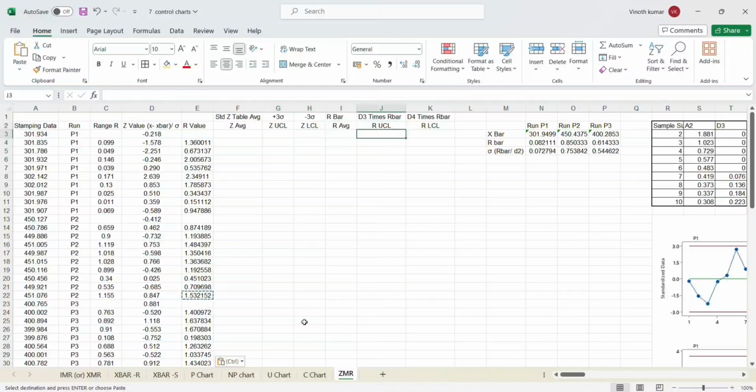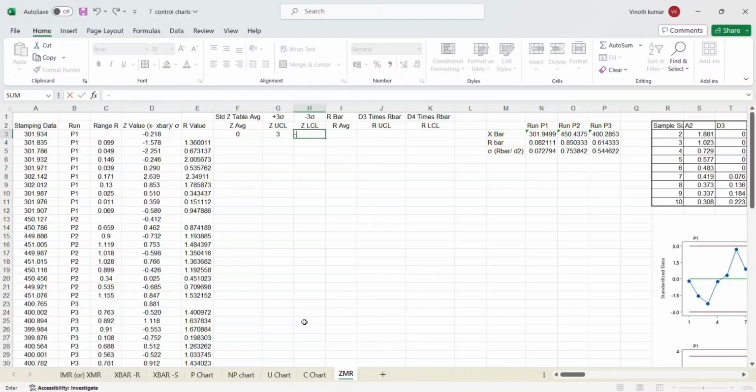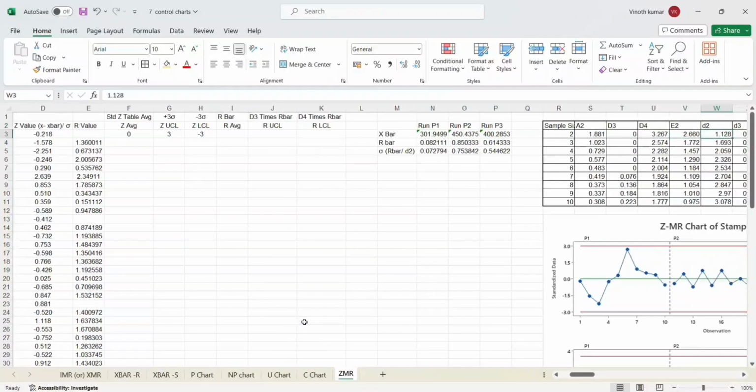So let's come here. Here I have the USL LSL values. So this is the z value. So z average will always be 0, z UCL will always be plus 3, z LCL will always be minus 3, and the moving range average will always be the standard value that you see here, which is 1.128.